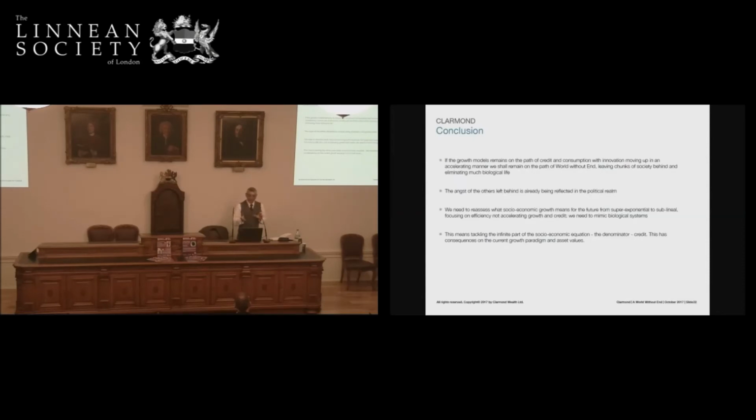So we have a choice. We can remain on the current growth model, which is based on credit, primarily fossil fuels, and innovation. And we pat ourselves on the back on innovation, and we should. But that innovation is for more growth. So my suggestion is maybe the incentive structure should be on efficiency, not on growth.